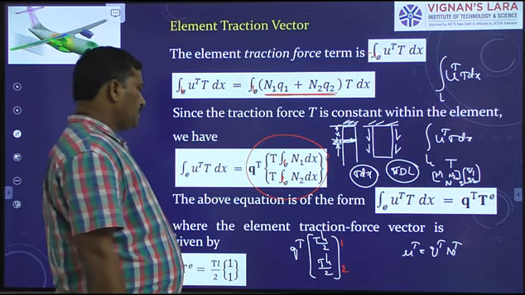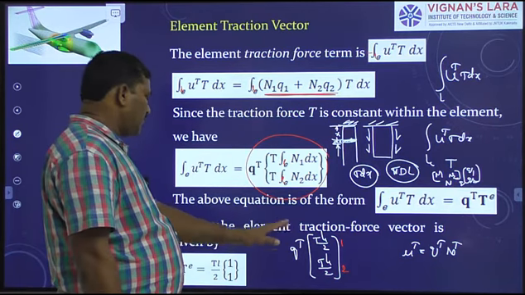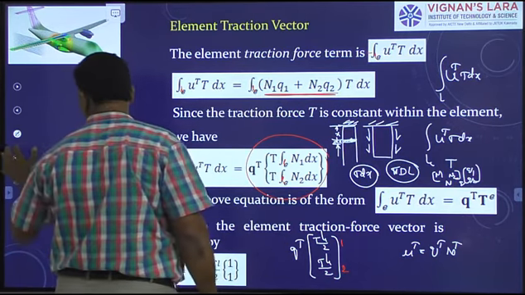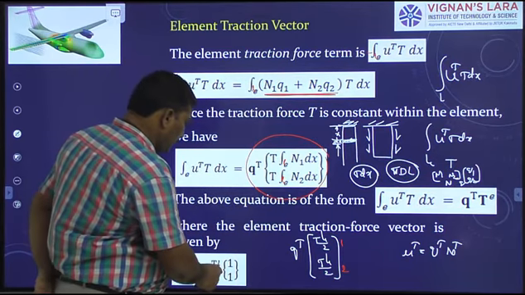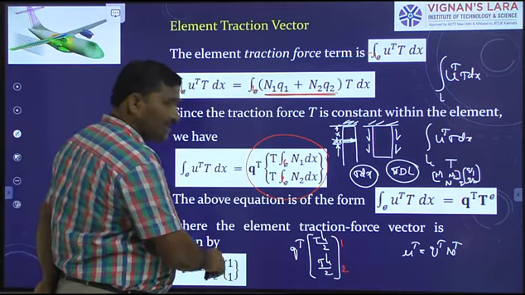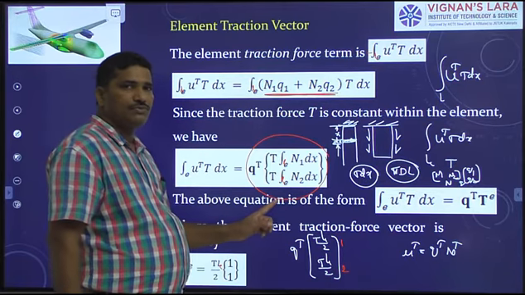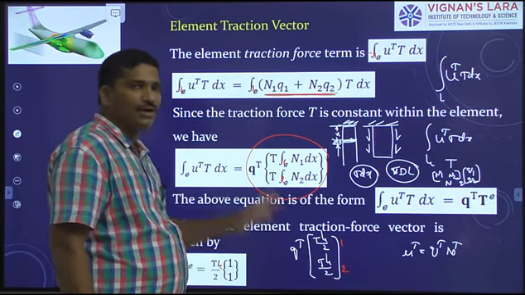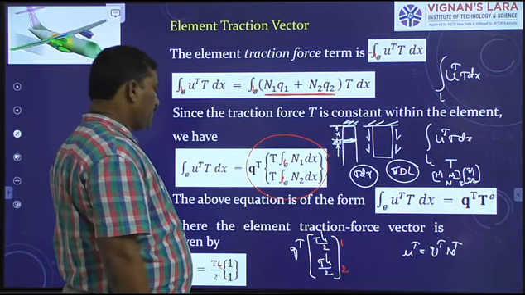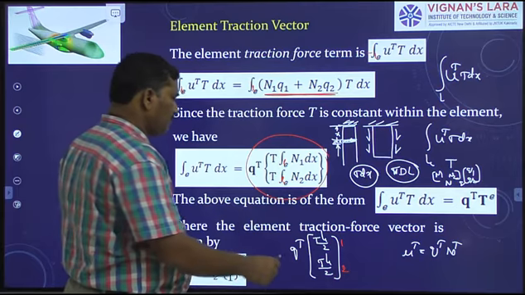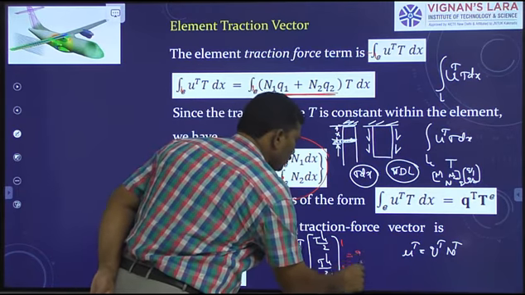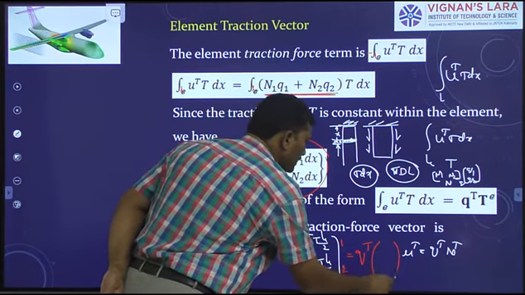Now, this T LE by 2, if you take it outside, you get the expression T LE by 2 into a column matrix having the elements 1 and 1. Now, this I compare with the form Q transpose into some bracketed term.